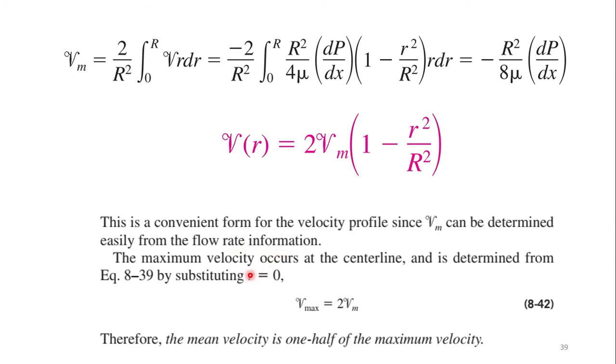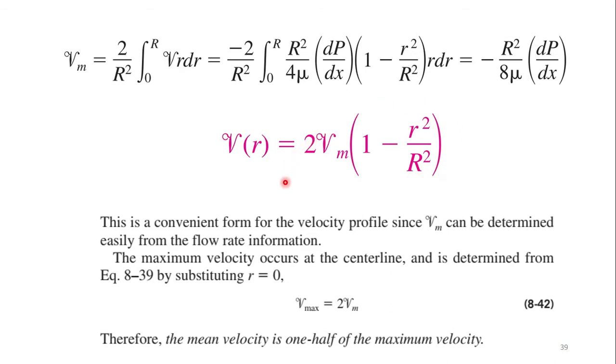The maximum velocity occurs at the center line, and it is determined from this equation after substituting r equal to 0. If we put r equal to 0 in this expression, this part will become 0, and the whole part in the parenthesis will become equal to 1.